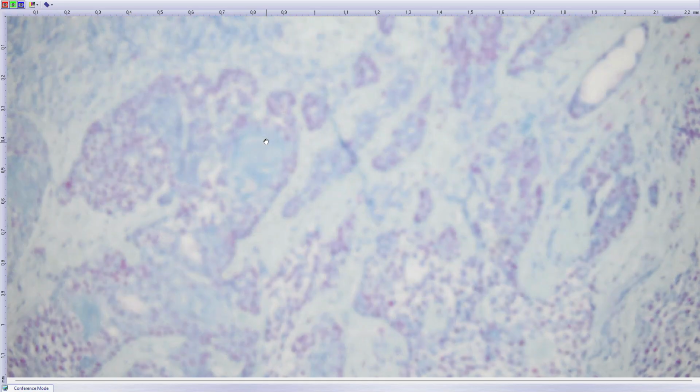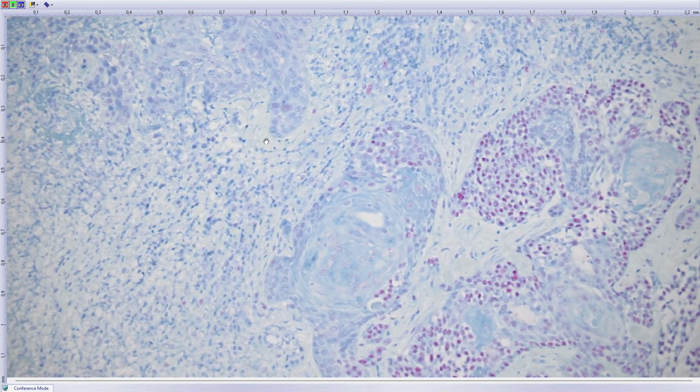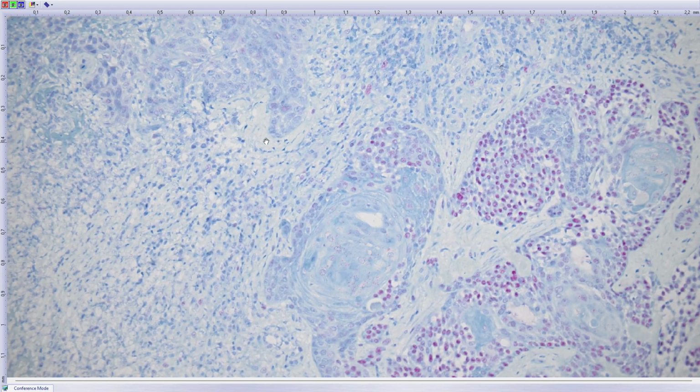This case was submitted also for molecular testing, and we have found a CTNNB1-PLAG1 fusion, which is one of the possible fusions for benign pleomorphic adenoma. The good feature is this, what I stopped here, squamous keratinizing foci.